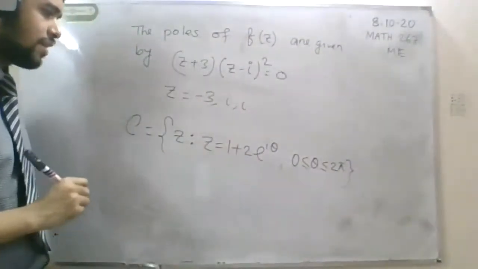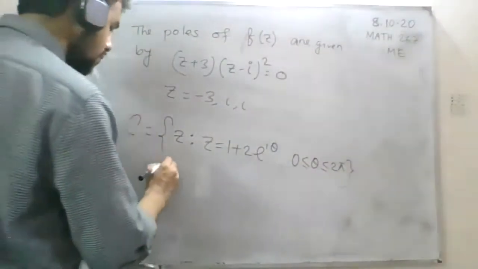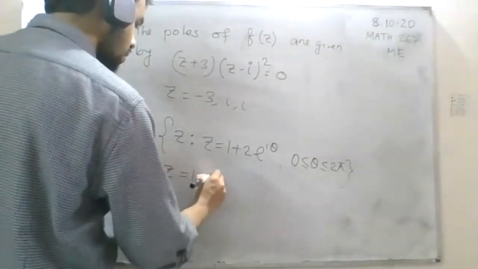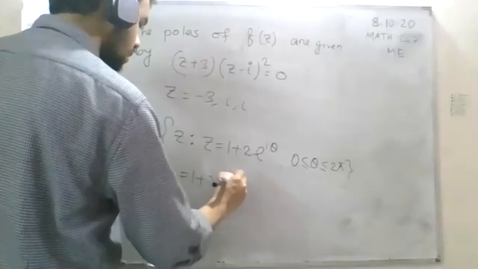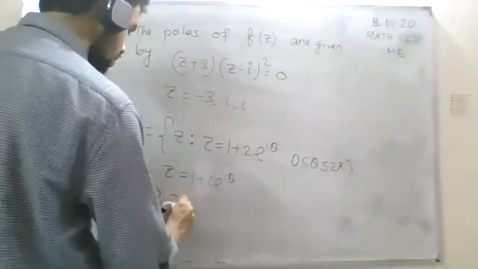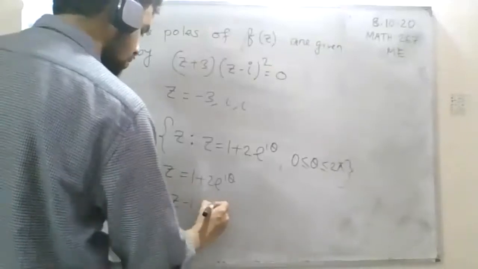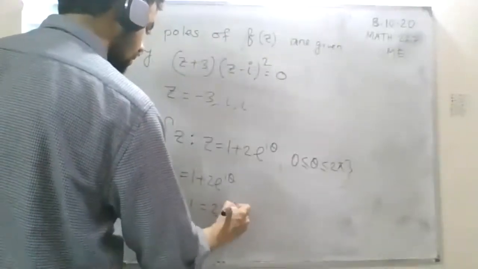Now, from here, you can write z equals 1 plus 2 e to the power i theta, so z minus 1 equals 2 e to the power i theta.